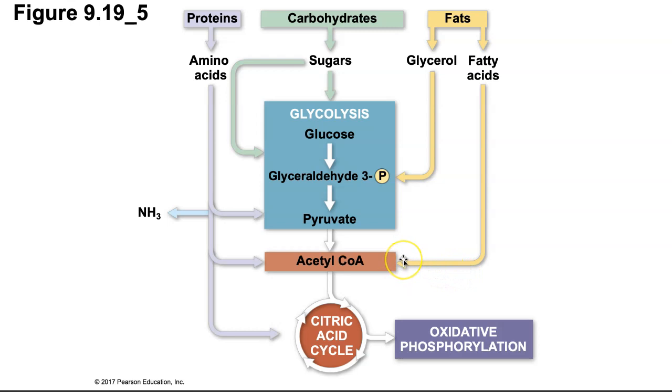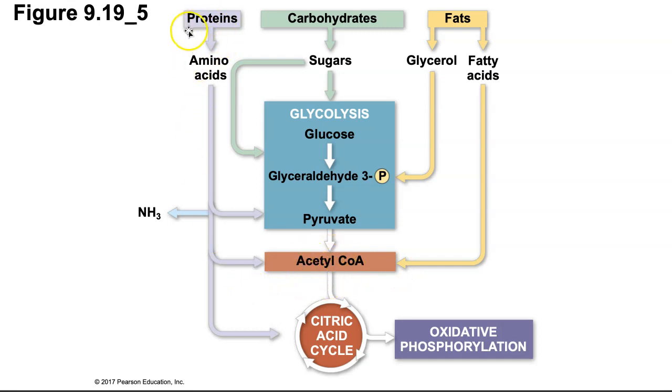Beta oxidation basically just chops up fatty acids into chunks of 2-carbon molecules. Acetyl is a 2-carbon molecule, right? So it gets chopped up and made into acetyls, and then the CoA gets added onto it. So it goes perfectly right into there.